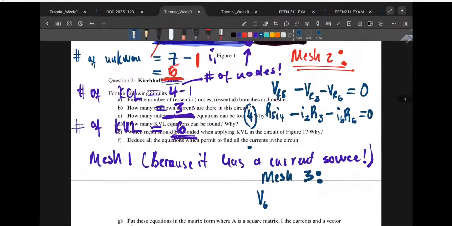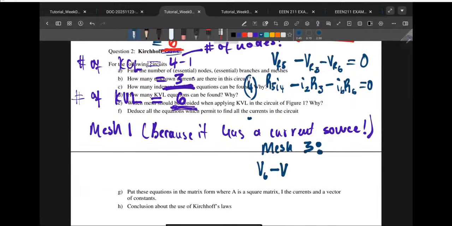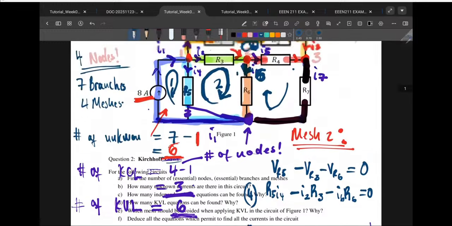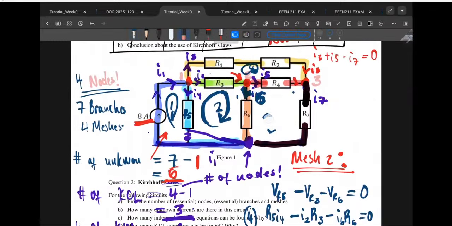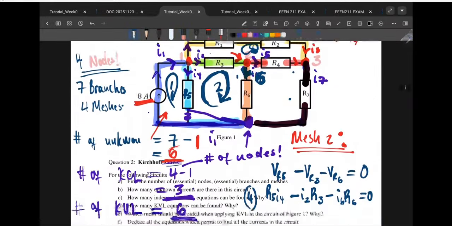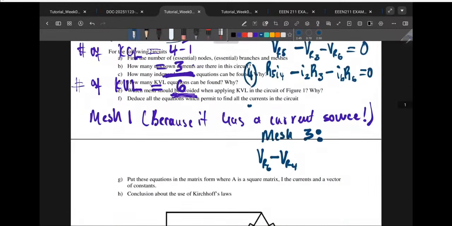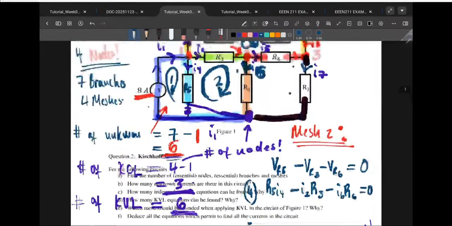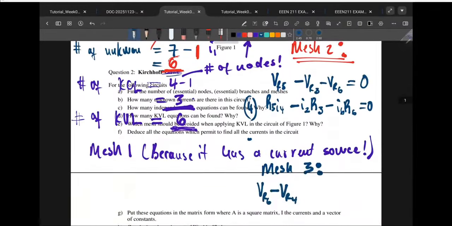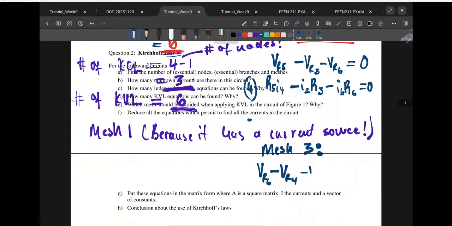Then we have another V at R7. The branch current 7 is facing down, and we are also going clockwise, passing down. So it's the same, so it's going to be minus VR7. This is equal to 0.